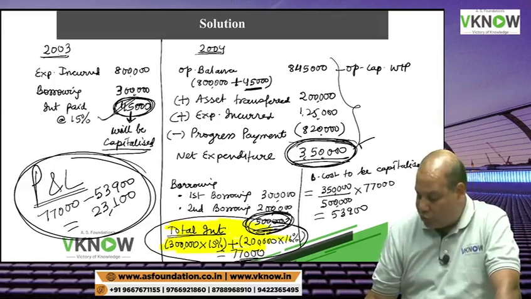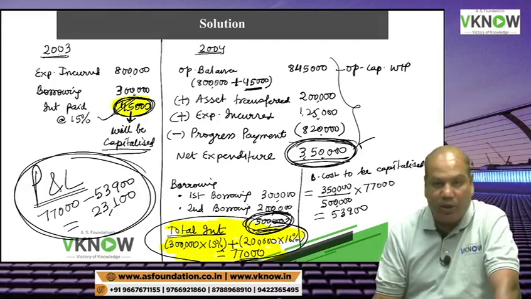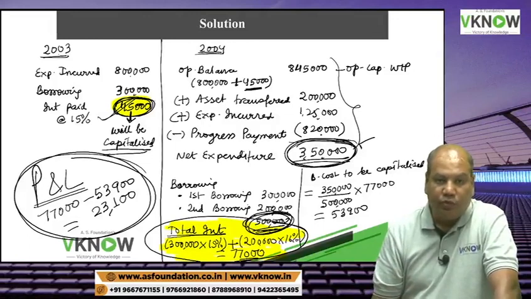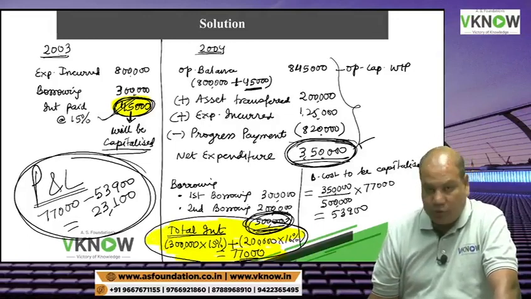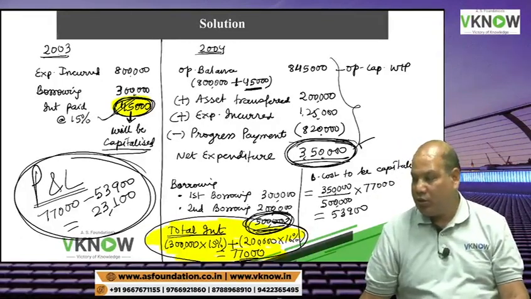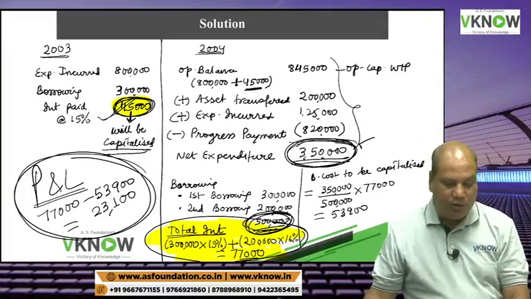But suppose you assume this interest of 45,000 was not paid in the last year, then yes, in the second year, while calculating the total interest, interest on 45,000 will also be considered. Right.